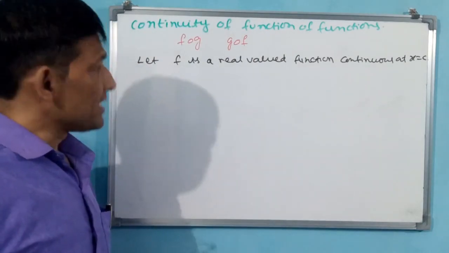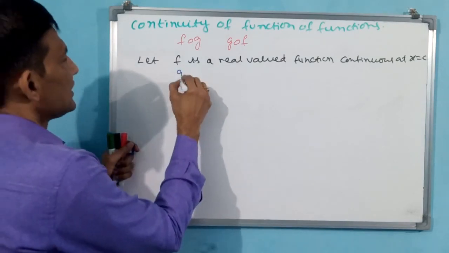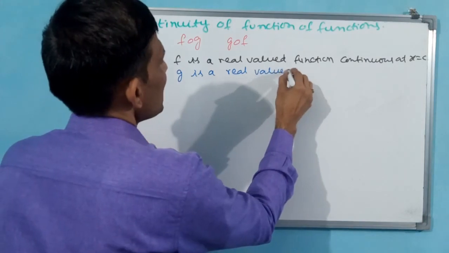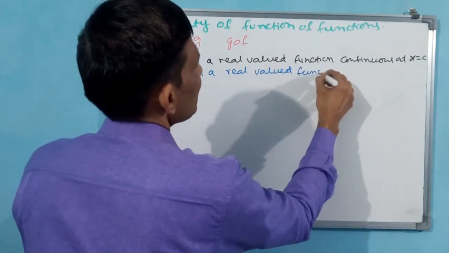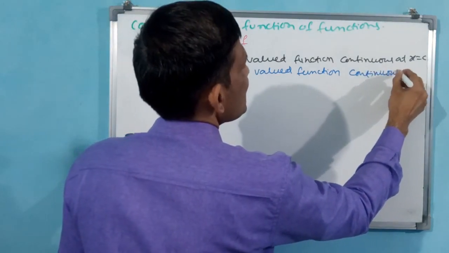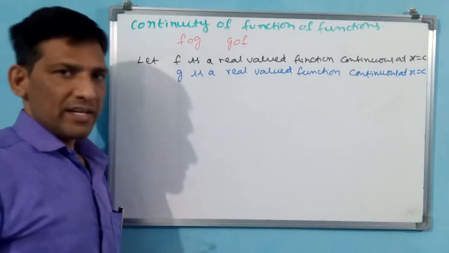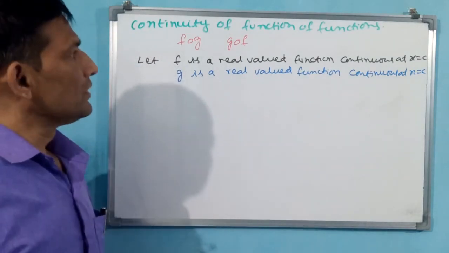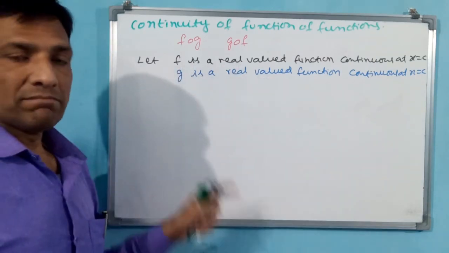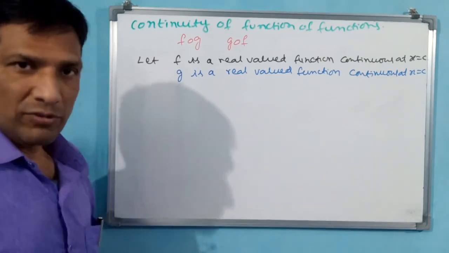Same like that, g also: g is a real valued function, continuous at x is equal to c. These two functions are there in front of you. F is continuous at x is equal to c. G is continuous at x is equal to c.